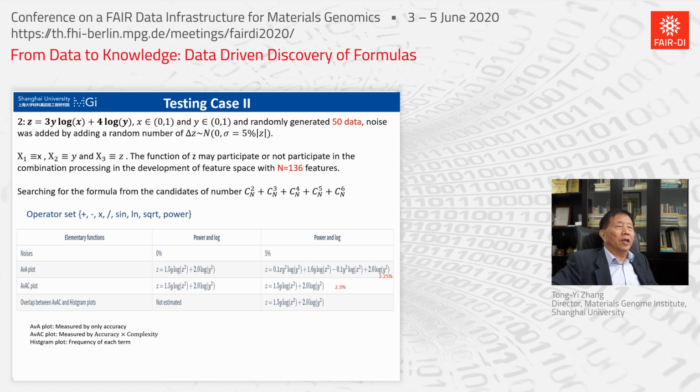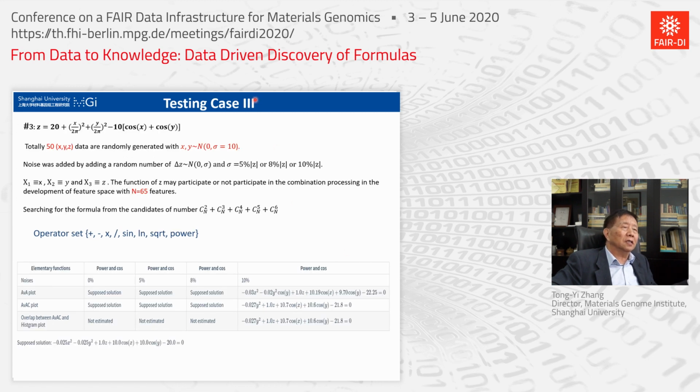So case 3 is the case suggested by my colleague in computer science engineering. They said they always use this equation to check. So we also randomly generate 50 data, but we put a constraint when we generate this data: the variables x and y form a normal distribution with deviation 10.